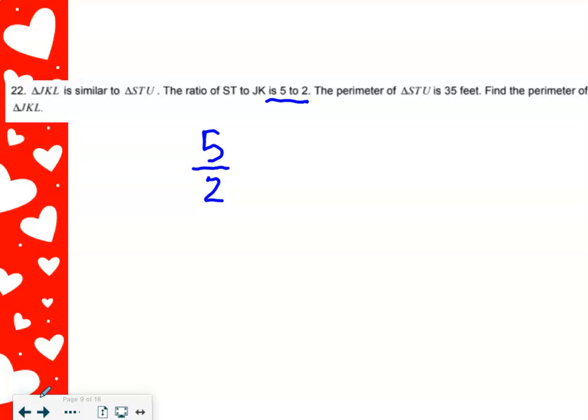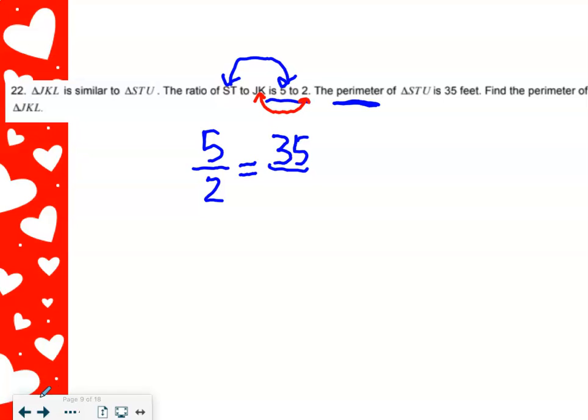So if I notice here, we just learned that the ratio of our perimeters is the same as our scale factor, so I can set up a proportion to solve this. So I'm going to put 35 on top because that corresponds to ST, which was first. And then I'm looking for the perimeter of triangle JKL.